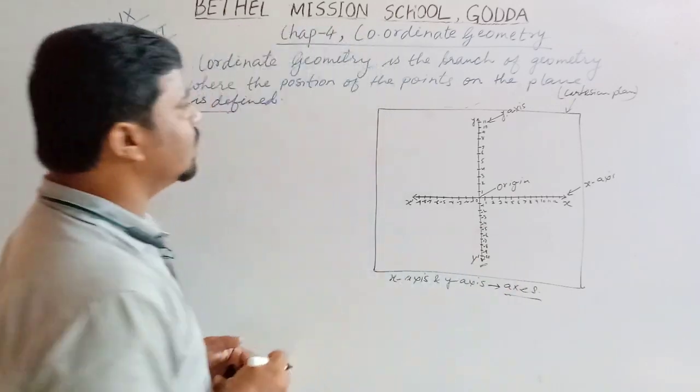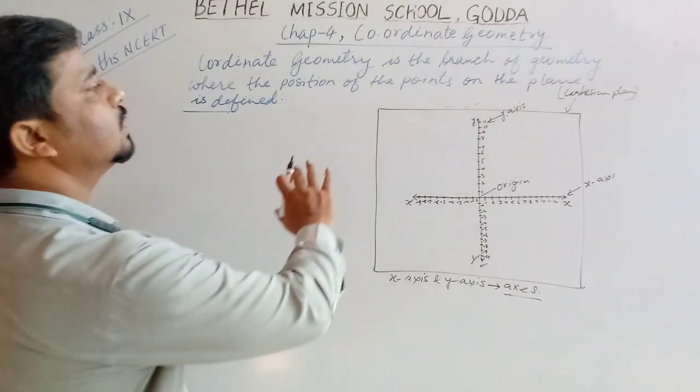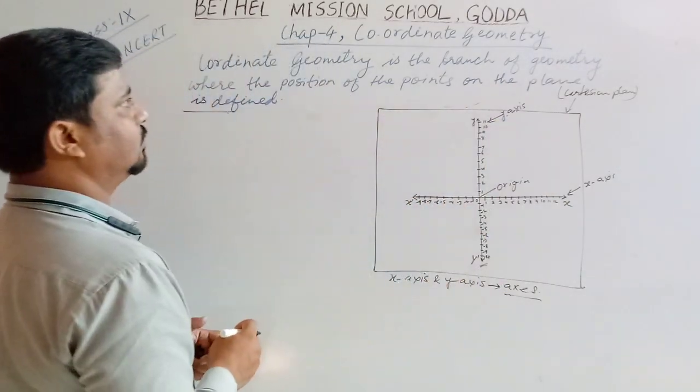Now we have to understand how we locate a point on the Cartesian plane, on the graph.